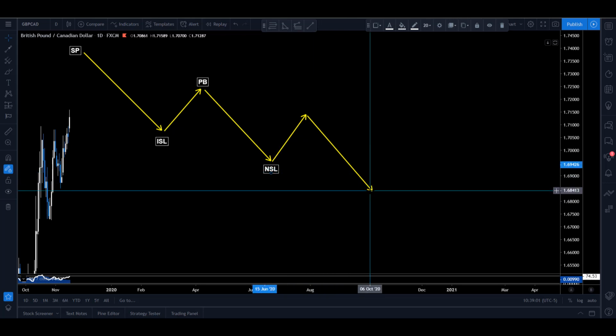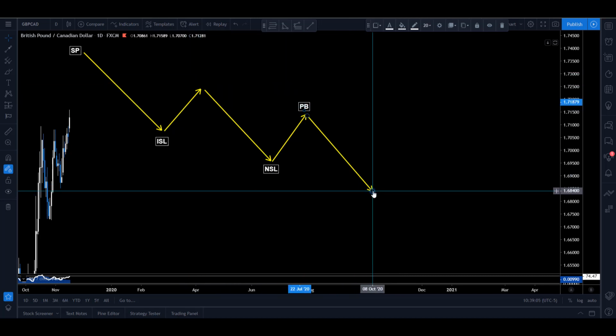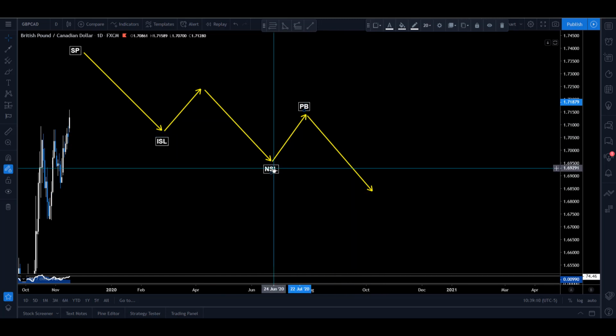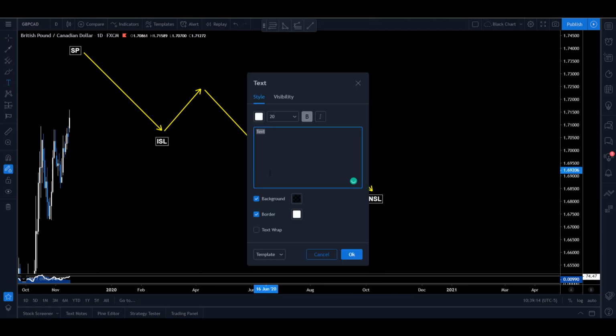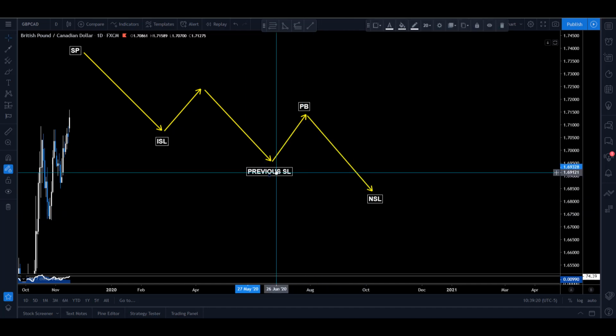Officially in a downtrend, right? Price action then puts in another pullback. We then followed it up with a violation of our new structure low, making this our new structure low, and this our previous structure low.